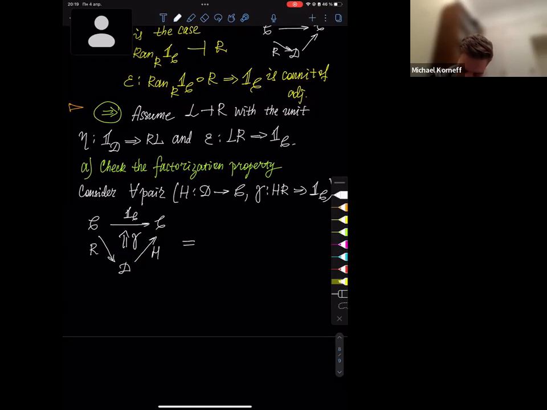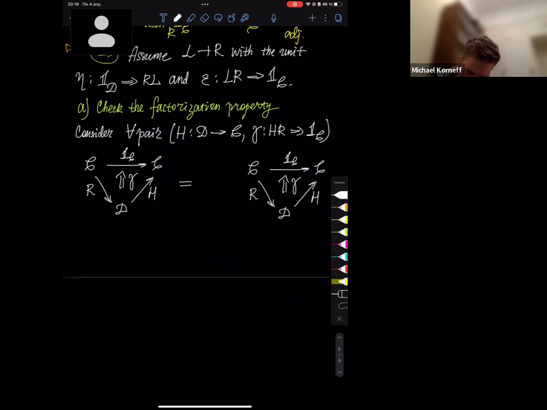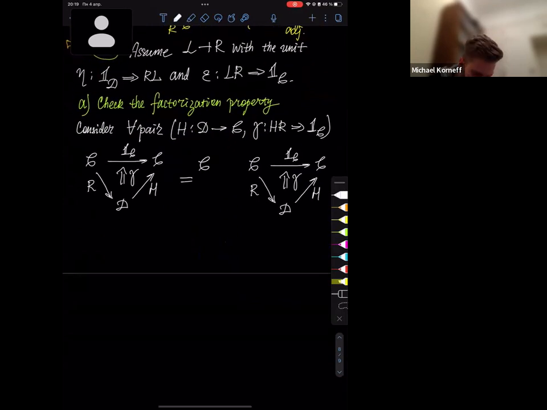Okay, and we have the following identification. This diagram equals this one. We just draw this one, and we add trivial cells, trivial two cells, like this.